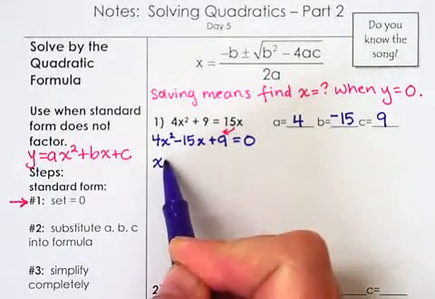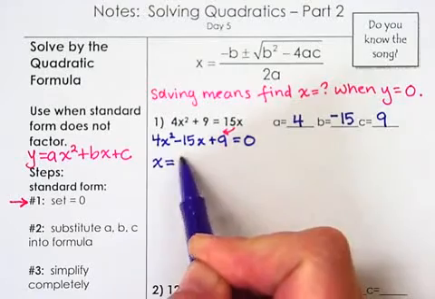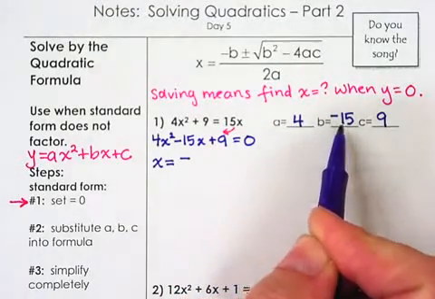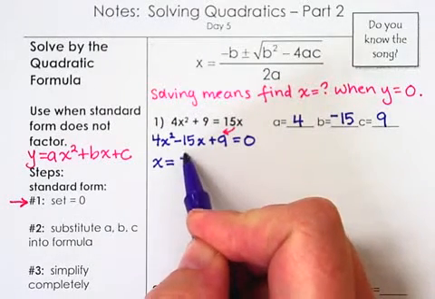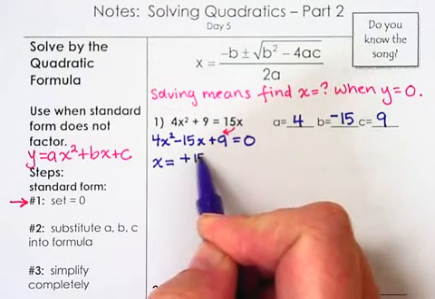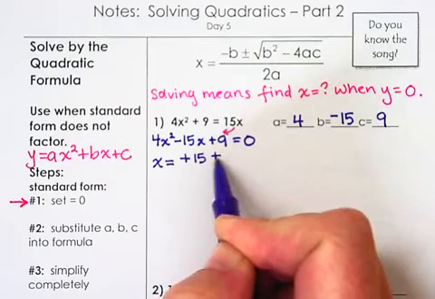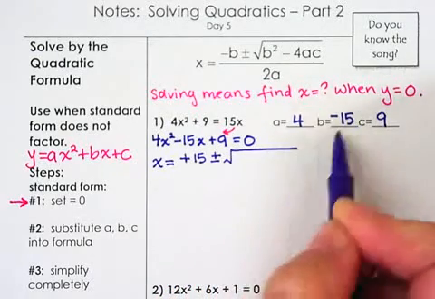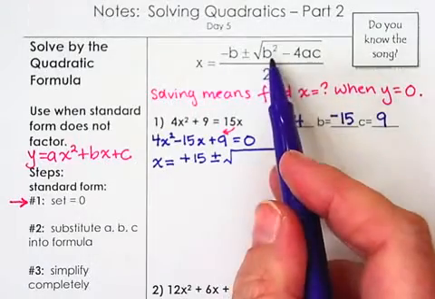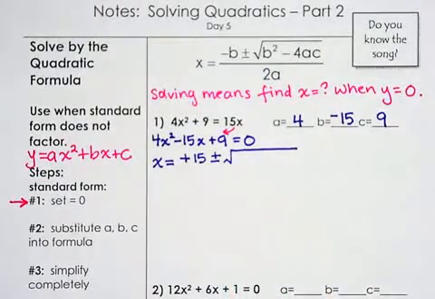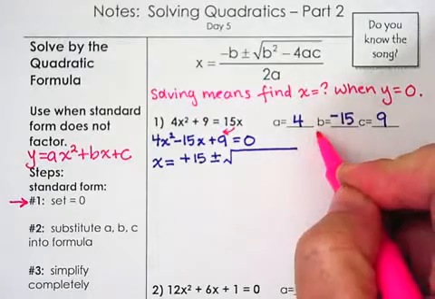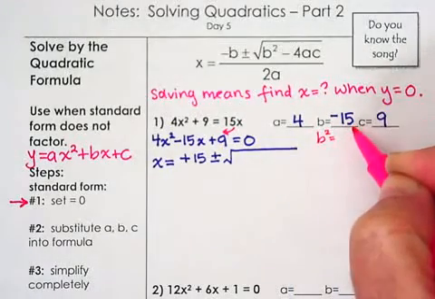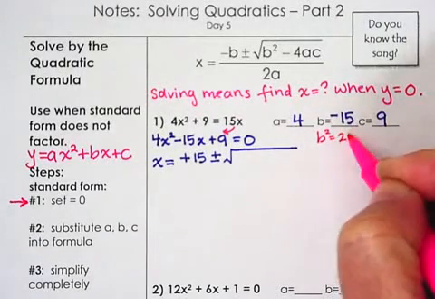So we write it, x equals negative b. Well, b is already negative 15, so that just becomes a positive 15, plus or minus the square root of, now we're going to do b squared. So what I go ahead and do when I'm doing this problem is I take the time to say, okay, what is b squared? Well, negative 15 times negative 15 is 225.